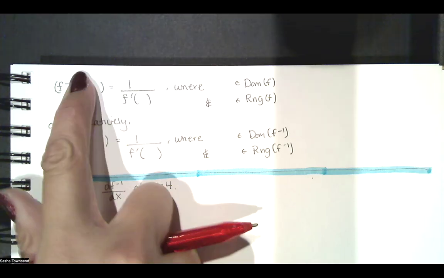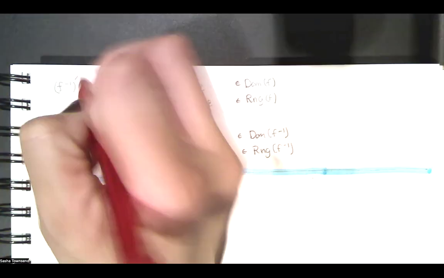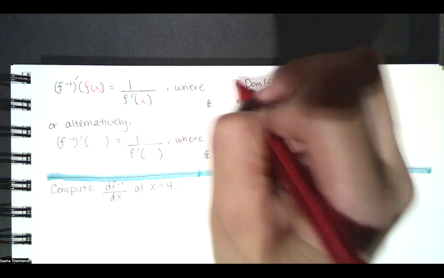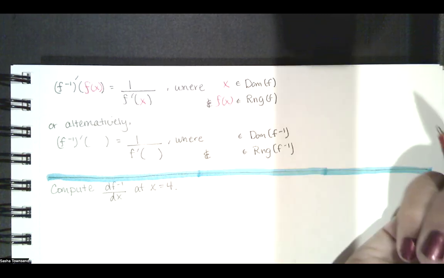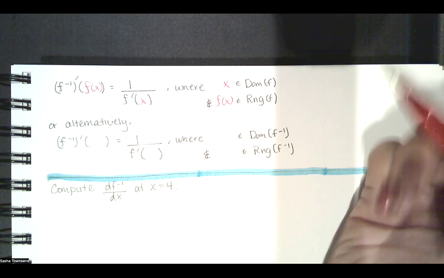So we have the derivative of f inverse evaluated at f of x is 1 divided by f prime of x. So x is in the domain of f, and f of x is in the range of f, just by definition, right?